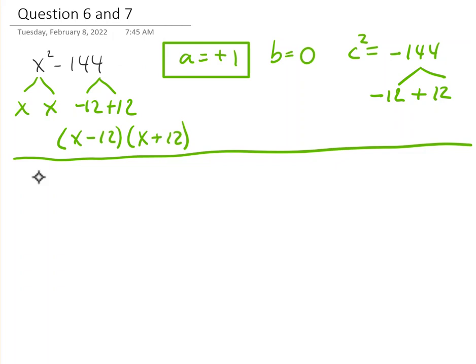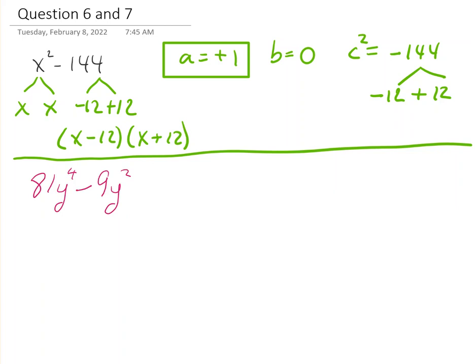Question number 7 starts off with 81, and this one's more interesting, y to the 4th, minus 9y to the 2nd power. If we take a look at this, anytime a is not equal to a positive 1, I always want to look for a GCF.